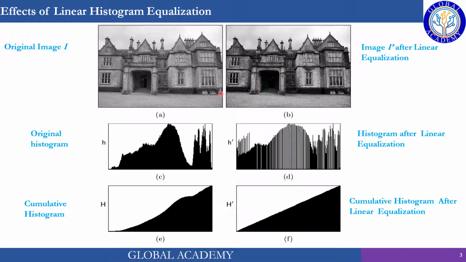Similarly, the details on the right side of the entrance, like in this region, and the low portion of the outer wall, are darkened and hidden in this equalized image.